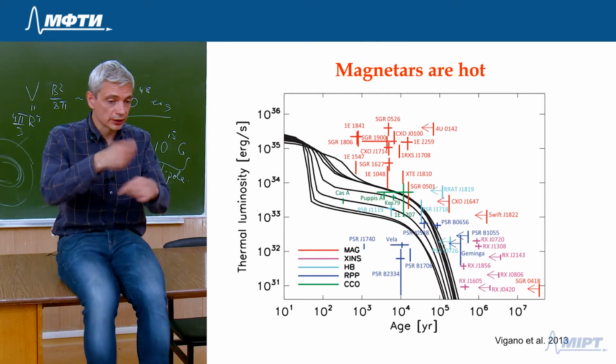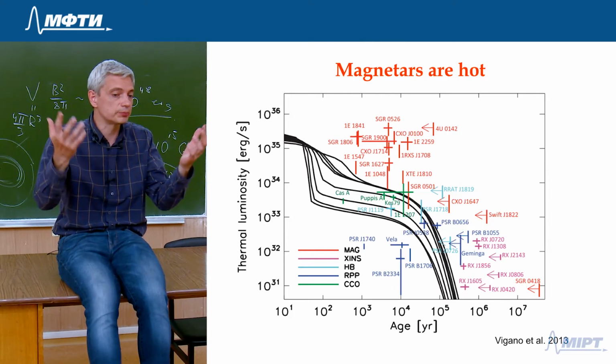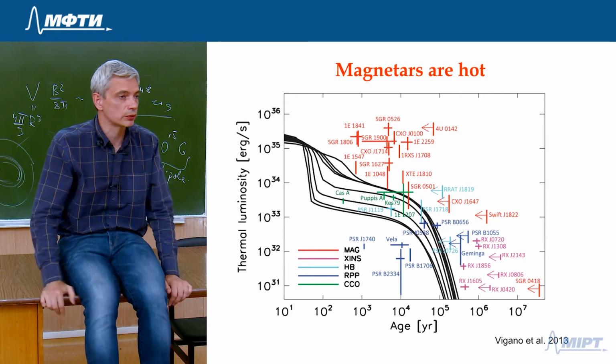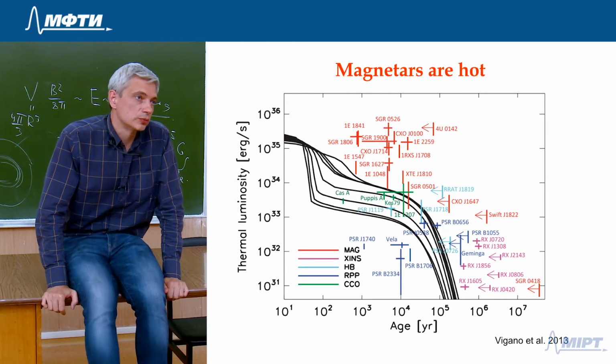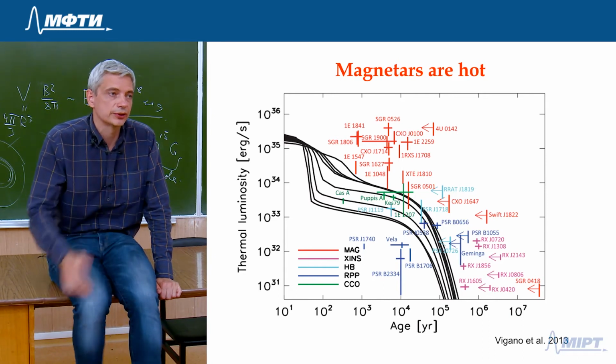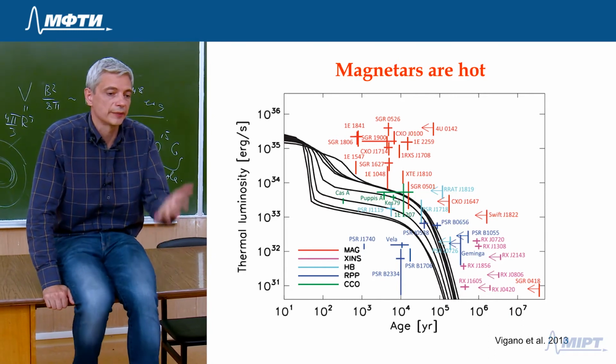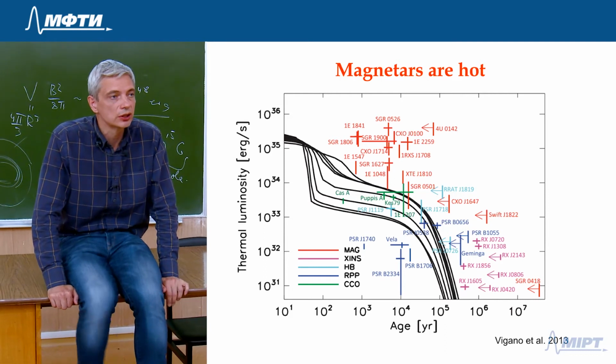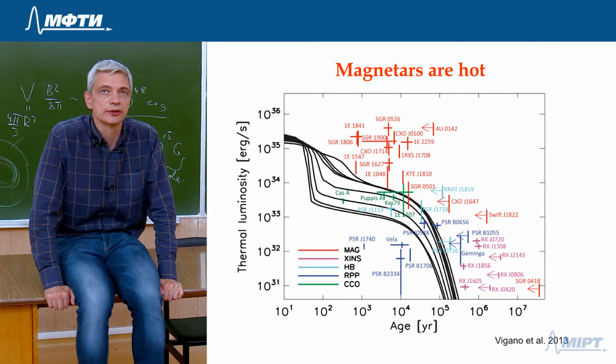But if you have dynamo acting, then you can bring the field, in principle, up to a good fraction of equipartition. And that could be even 10 to the 17th Gauss. So 10 to the 16th is not a problem. And that's obviously what is happening in this case. That's the only plausible explanation, this really strong magnetic fields.